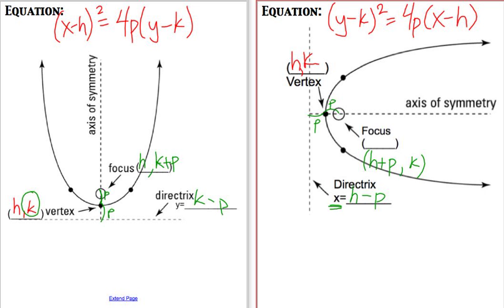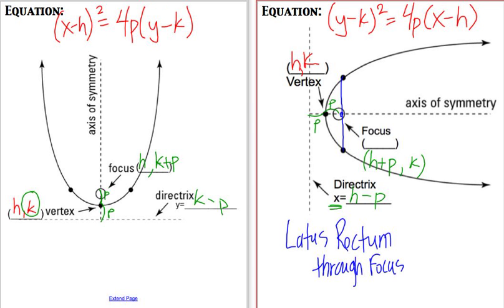So the only other thing that we need to understand is this latus rectum. That's the line that goes from, so here's how it's spelled, the latus rectum. It's a line that goes through the focus with endpoints on the parabola.